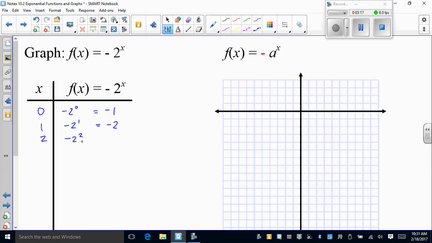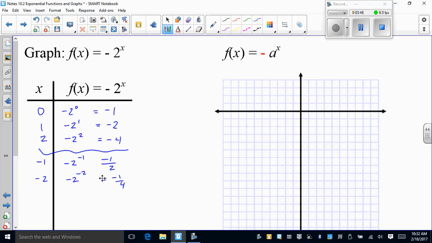And guess what happens with my negatives? Negative 2 to the negative 1 power is going to be negative 1 over 2. You can count that as negative 1 times this. Negative 2 is now negative 2 to the negative 2 power, so 2 squared is 4. So it gives me negative 1 over 4. Same values as before, but it's flipped over the x-axis.